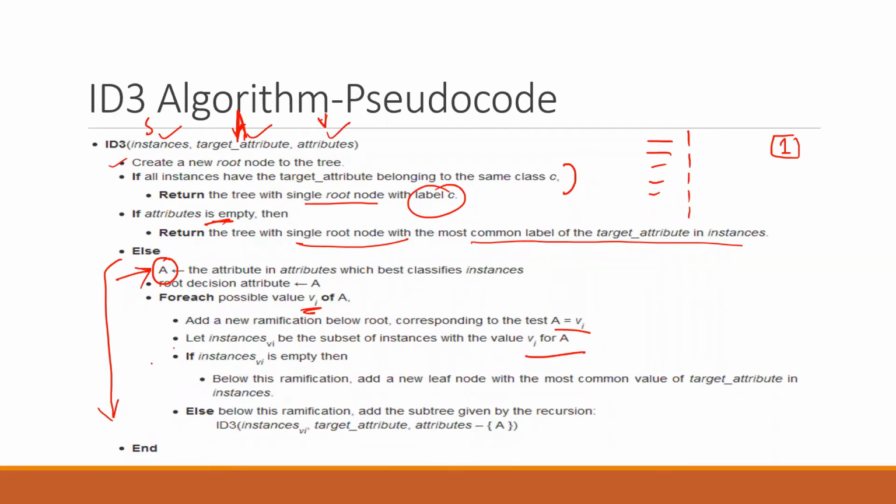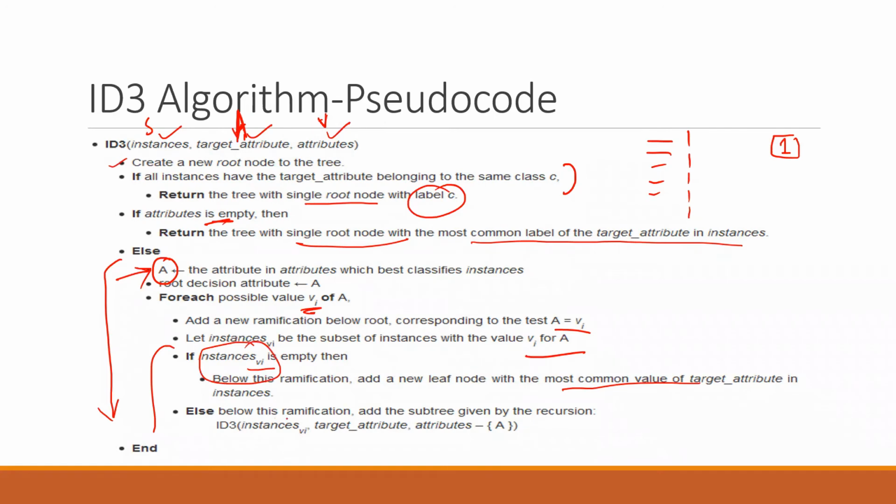I will be explaining this with an example, but for now just try to understand what this means. If instances Vi is empty, then below this ramification add a new leaf node with the most common value, whichever it is, for the target value.